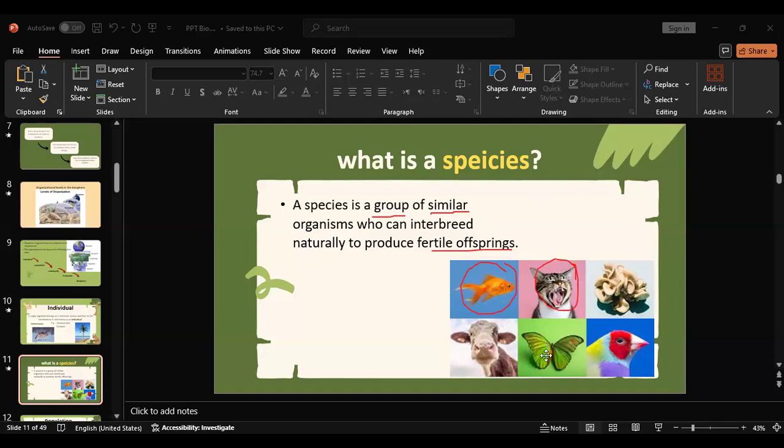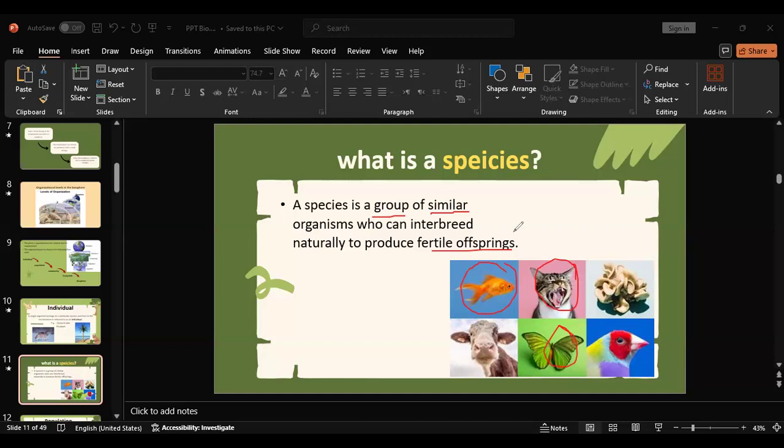Like that, a lot of butterflies come under the butterfly species. In a species, if we take one butterfly, that is an individual. Species means a group of similar organisms.